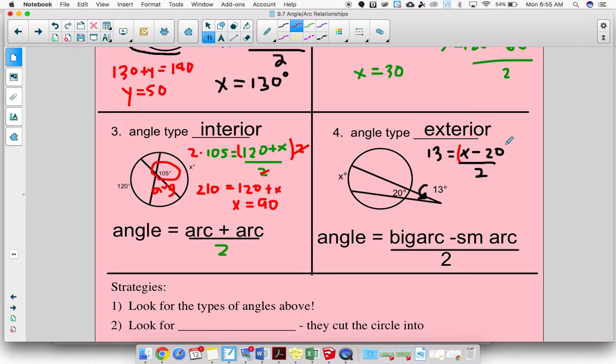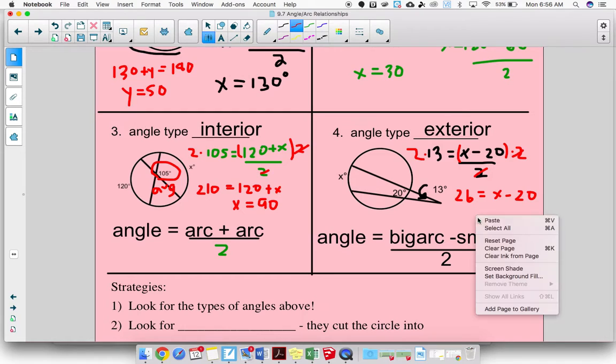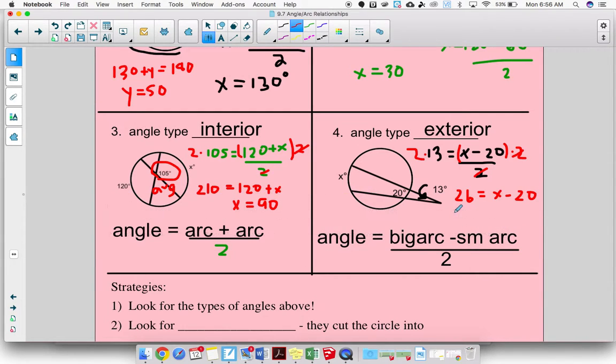We're just going to solve for x. So I'm going to multiply both sides by 2. So we get 26 on the left equals, the 2's will cancel, x minus 20. And if we solve for x, I'm going to add 20 to both sides, and we get 46. And that's it.